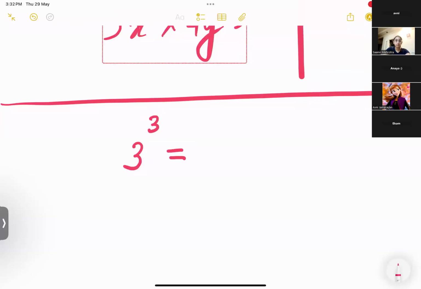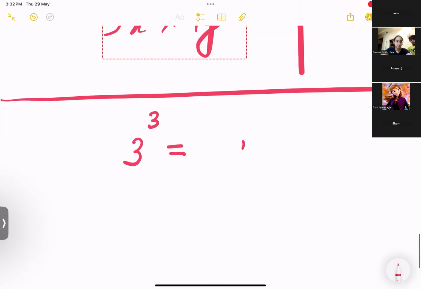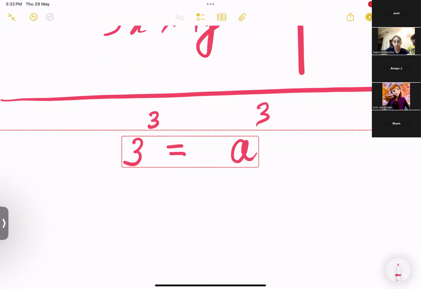Sanvi, I don't want the answer. I want the equation. 3 to the power of 3 means 3 cube. What is the equation? Sanvi, correct. A to the power 3, which is A cube.